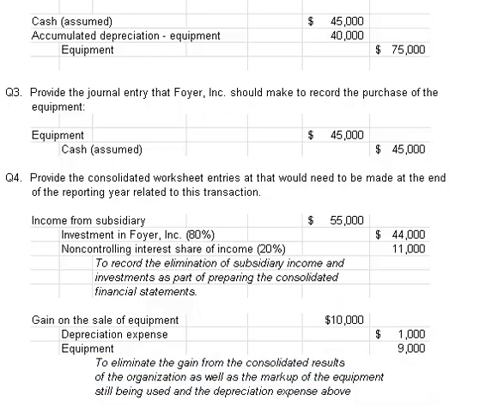And to do that, then we would just jot the reason for it, to eliminate the gain from the consolidated results of the organization as well as the markup of the equipment still being used and the depreciation expense above, right? All of that is recorded. And that takes care of how you would answer these 4 questions related to this scenario. Thanks, everyone.